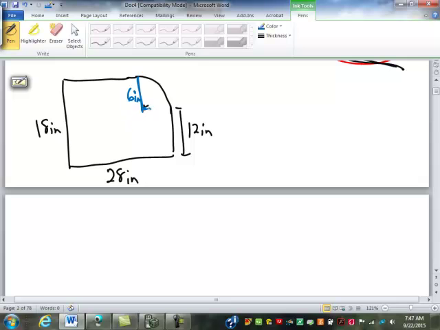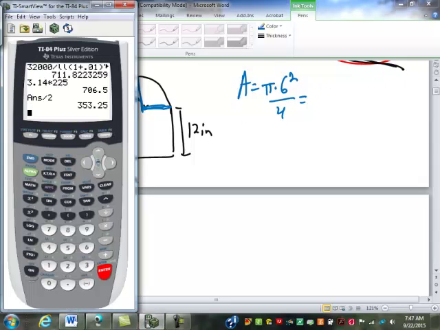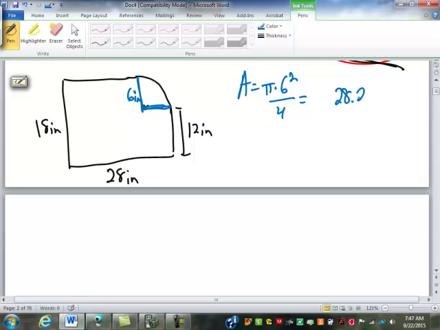Quarter of a circle? It is a quarter circle. So the area of the circle is going to be pi times 6 squared, and it's going to be divided by 4. You're correct. What's that? 28.27 sounds about right. 28.26, 28.27, yep. Inches squared. So that's that piece. That's done.